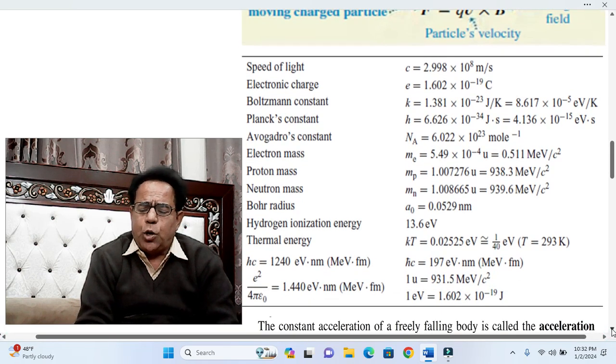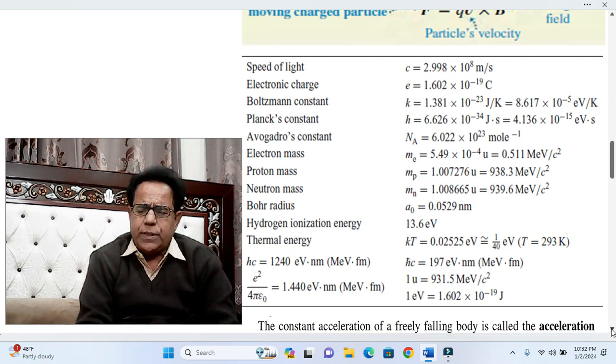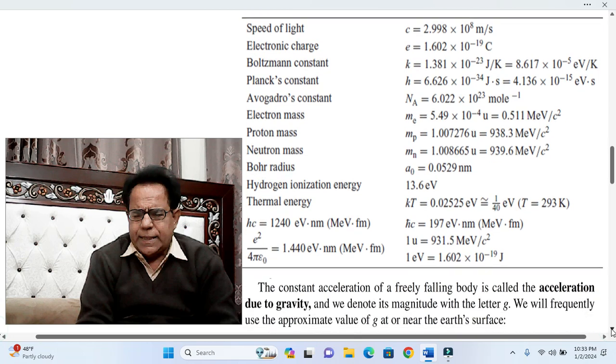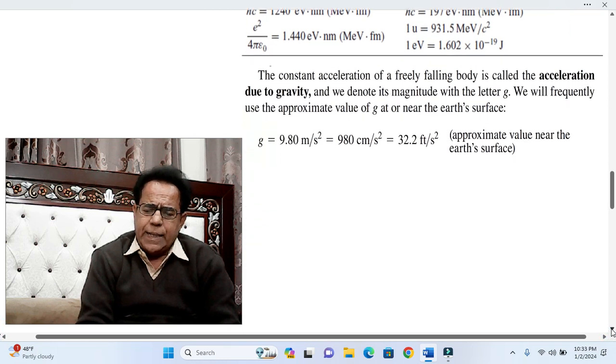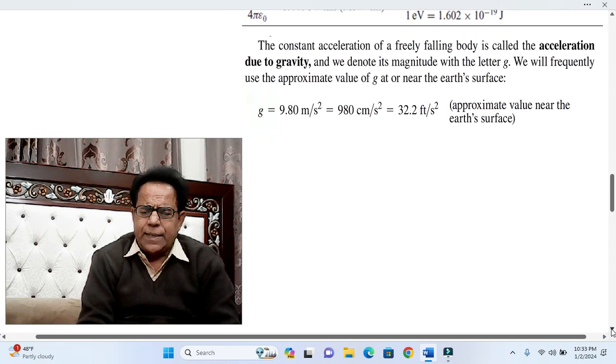The next snapshot consists of a large number of physical constants. We will use the values that will be required in our problem. We have taken this snapshot several times in our previous problems also.